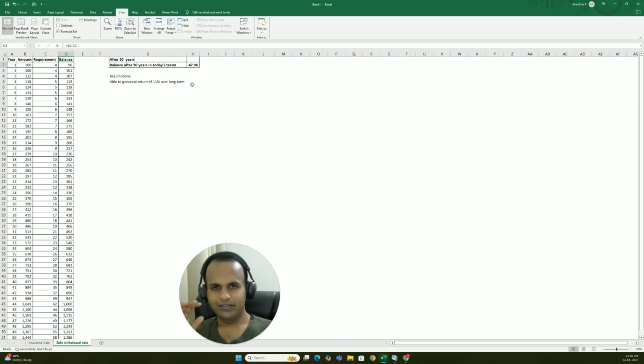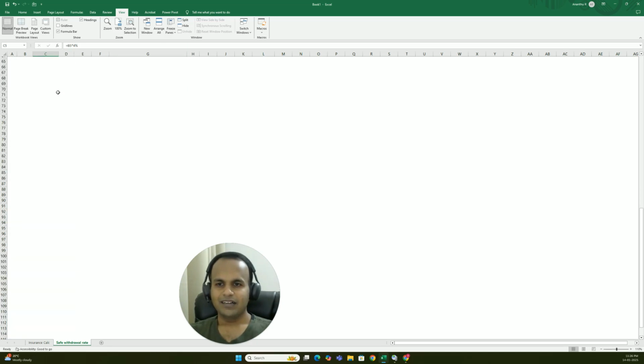So an 11% return seems like an okay assumption to me. This calculation shows you the balance each year after deducting 4% for expenses.